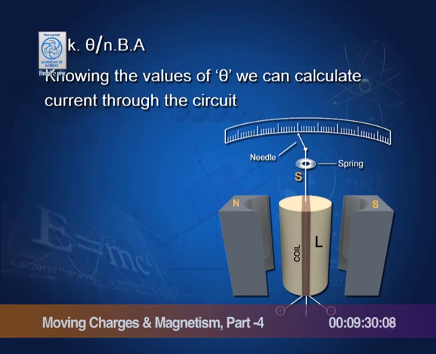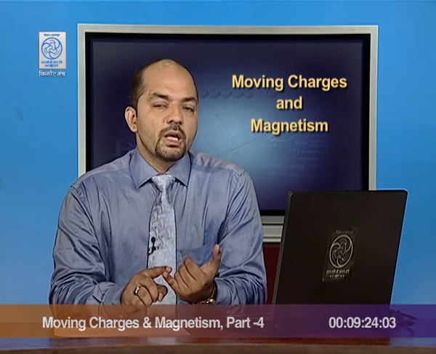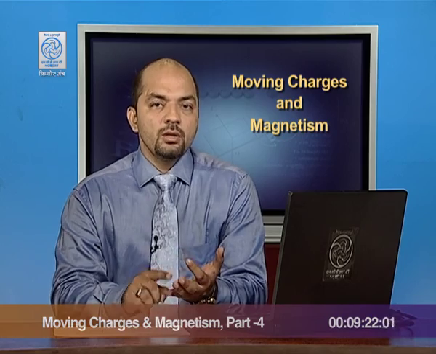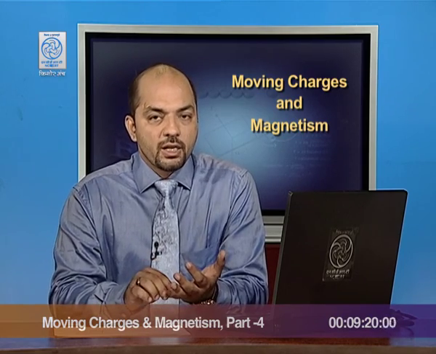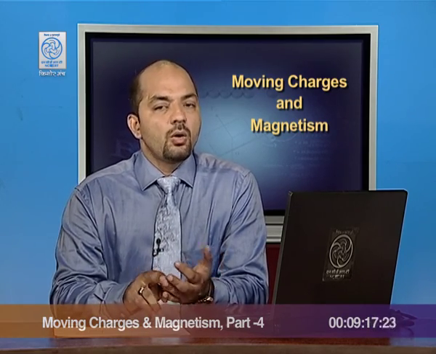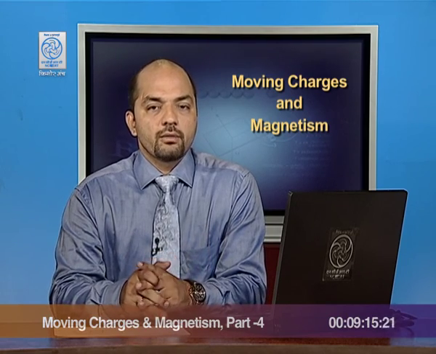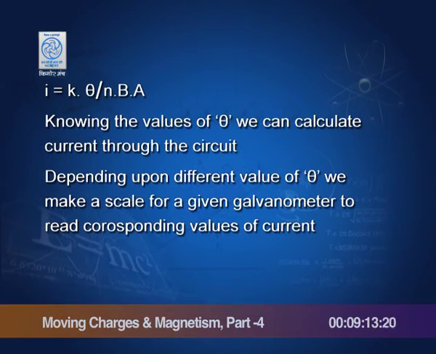Knowing the value of theta, we can calculate the current through the circuit, because K will be given for a particular galvanometer, number of turns, magnetic field and area of the coil all will be constant for the given galvanometer. Depending upon the different values of theta, we make a scale for a given galvanometer to read the corresponding values of the current.